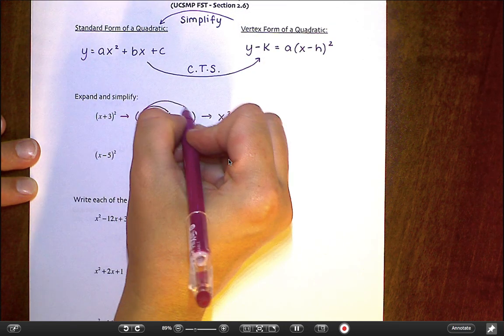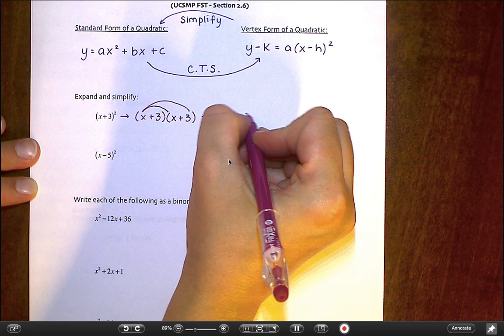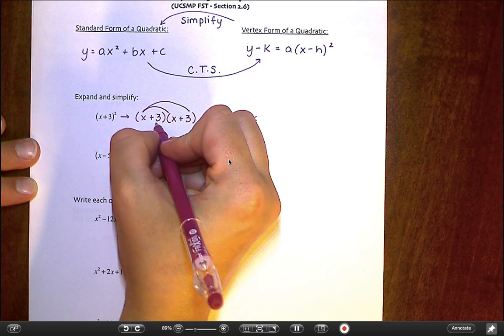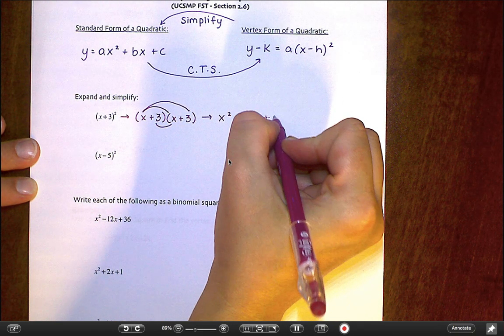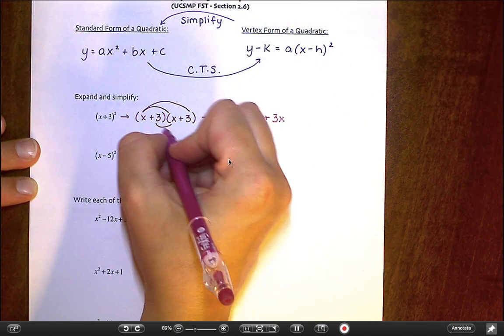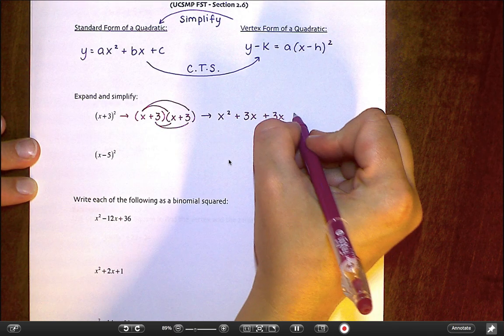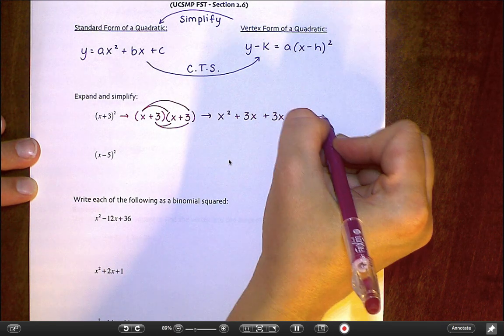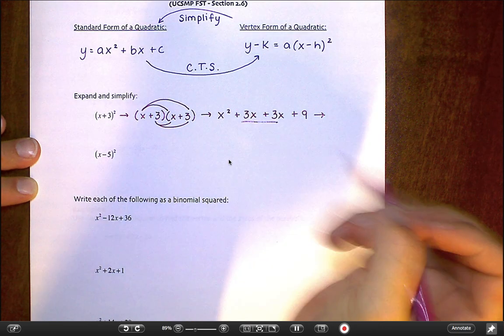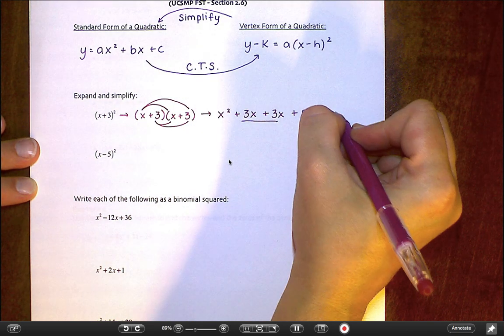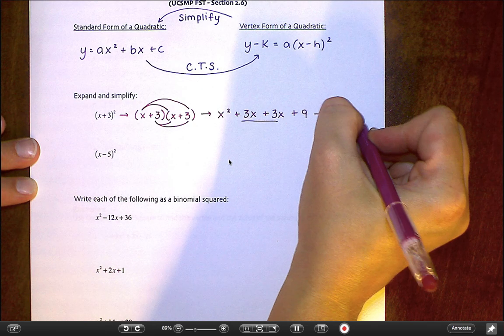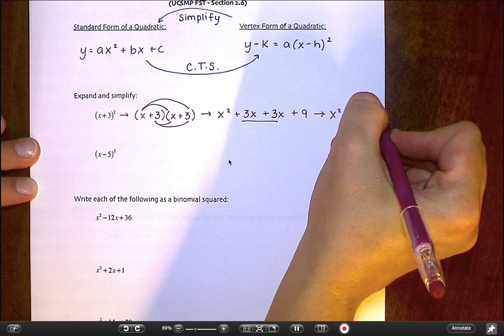X times 3 gives me 3x. 3 times x gives me 3x. And 3 times 3 gives me 9. And I can clean that up a little more by putting these middle terms together, so I end up with x squared plus 6x plus 9.